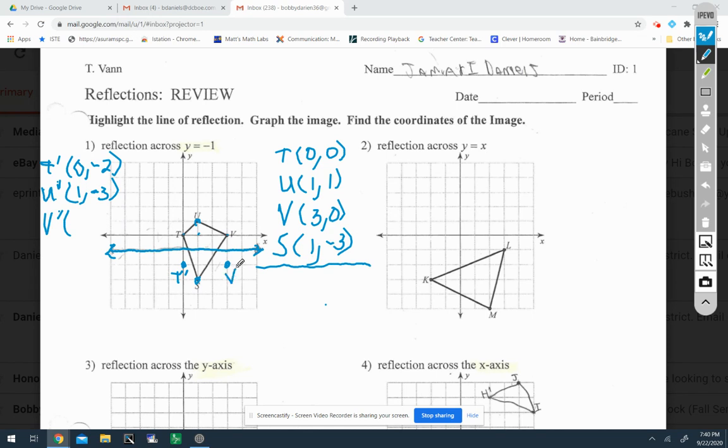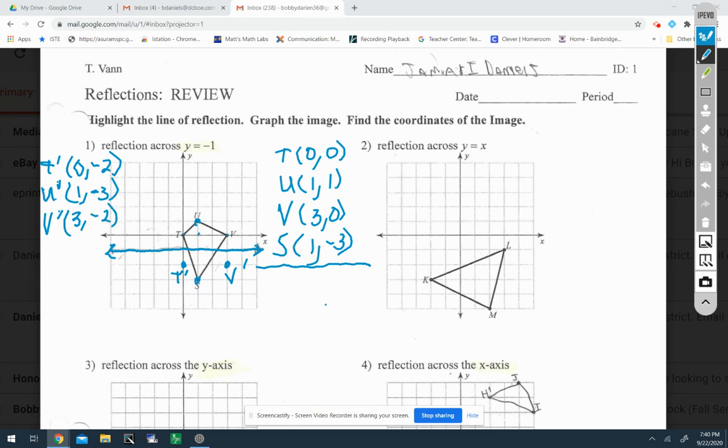Okay, so we're going to call it V prime. Let's see, that location where V prime is over now 1, 2, 3, over 3, and down 1, 2. So that'll be 3, comma, -2.